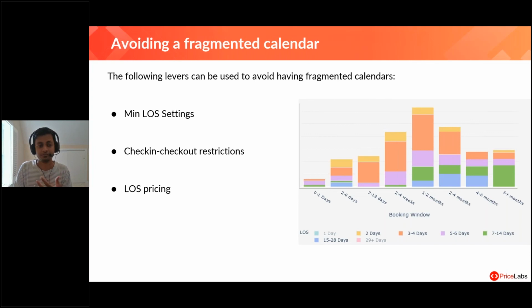Usually you would say I don't want to take 2-night stays, but only in situations when the 2-night stay is between 2 bookings and there is nothing else possible, you could say, okay, I'll take a 2-night booking if the price is bumped up by 50%. Things like that, even without a full-blown LOS pricing being allowed, can be very useful revenue levers.